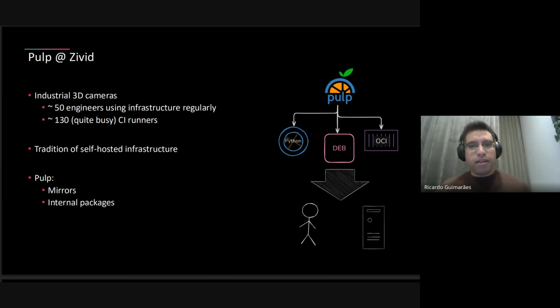All of these use Pulp in one way or another. We use it mostly to have mirrors of third-party services to reduce flakiness and increase CI speed overall, and also to host our own internal packages for internal development. So we don't use Pulp as a service for customers, but the infra team inside Zivid, of which I am part, provides services to the developers.